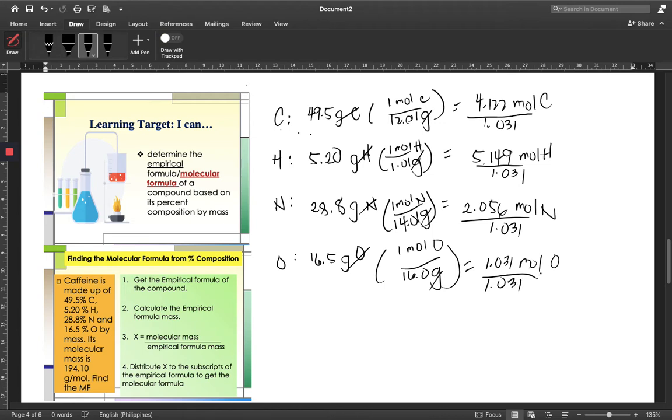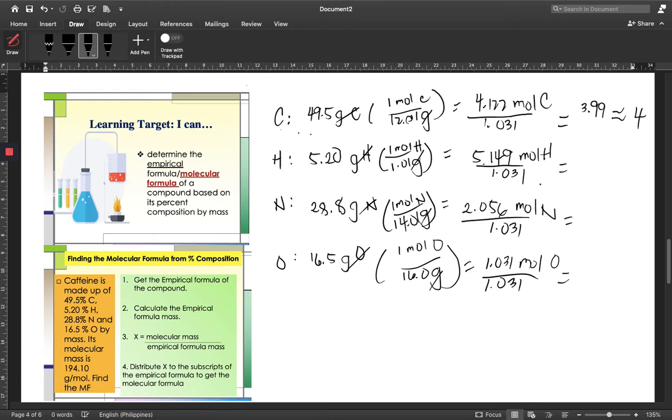This is quite a handful molecule because it has four different types of elements. After dividing everything by the smallest number of moles, we can get the mole ratio. So 4.122 divided by 1.031 gives us a result of 3.99, and we may round off, so this is approximately equal to 4.